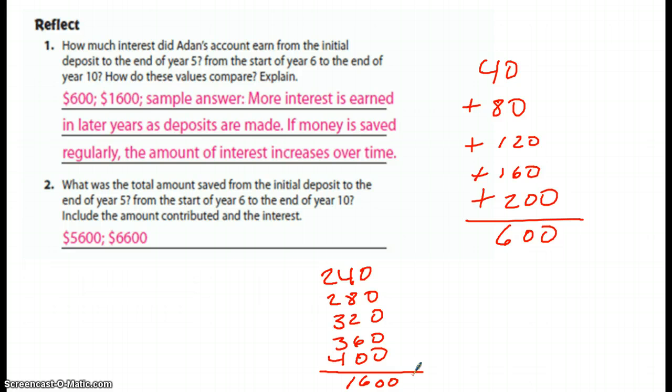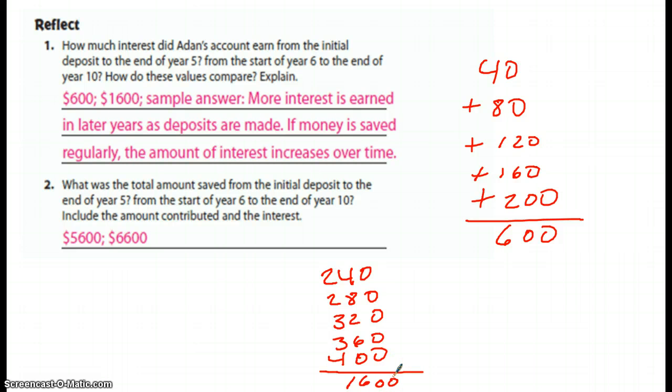Now, it says, how do you compare these? So what we're talking about when we compare 600 to 1,600. Well, we know that 1,600 is greater than 600, and it asks, explain why there would be such a disparity.